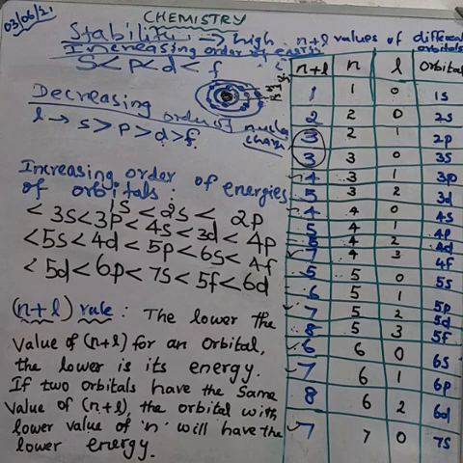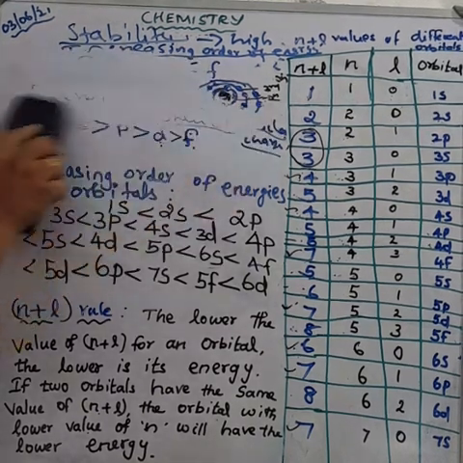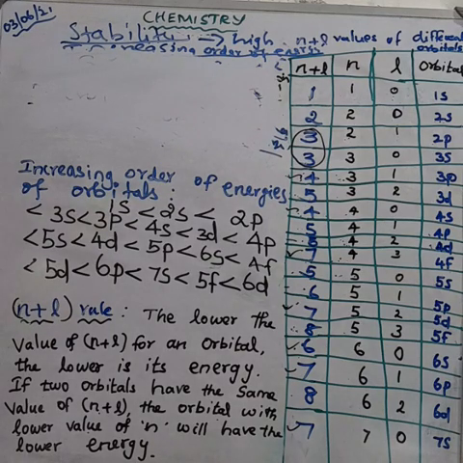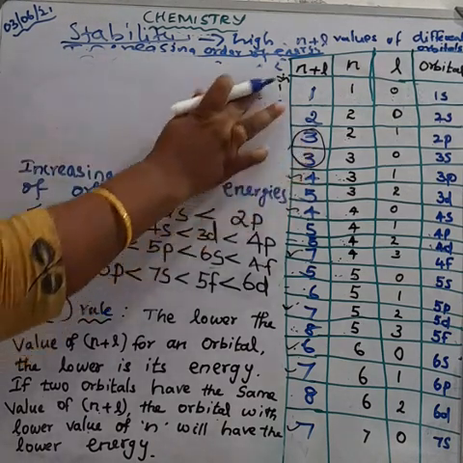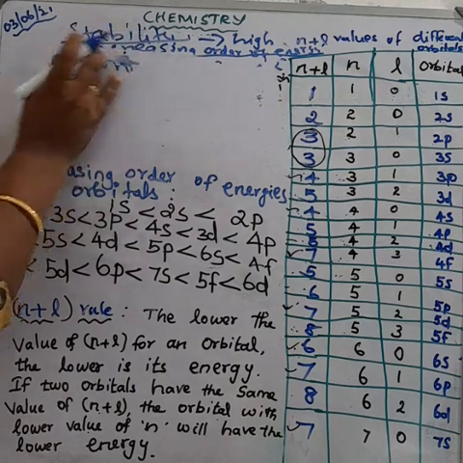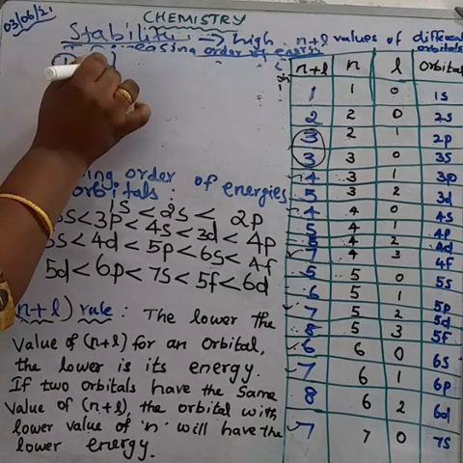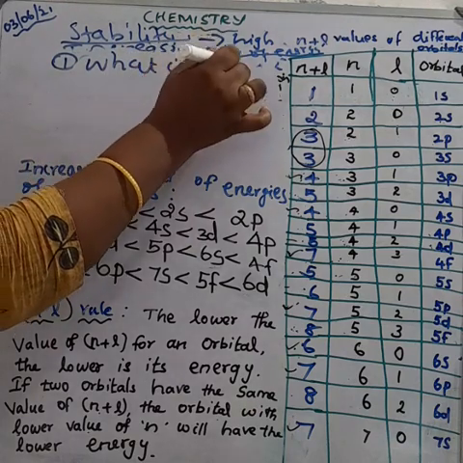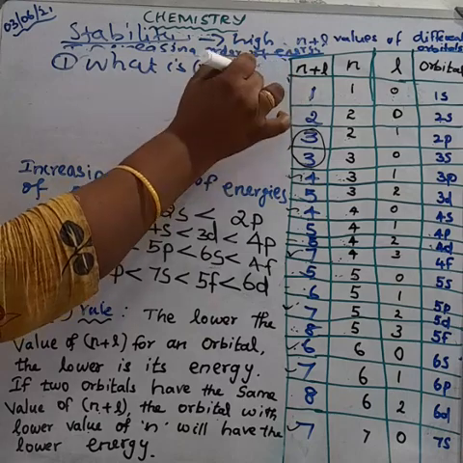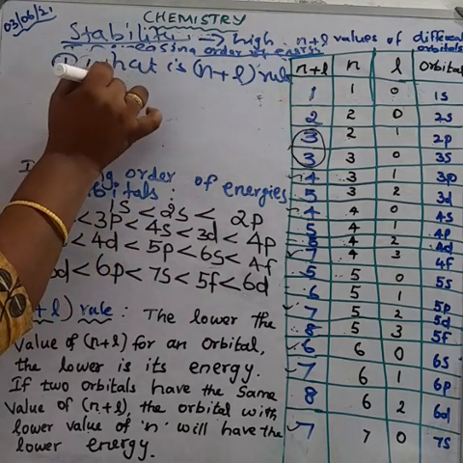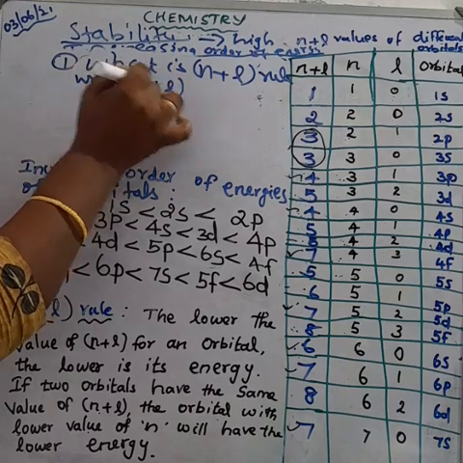Okay, today's assignment. There are two assignments I am giving today. First assignment: what is the n plus l value? Write the n plus l value of different orbitals.